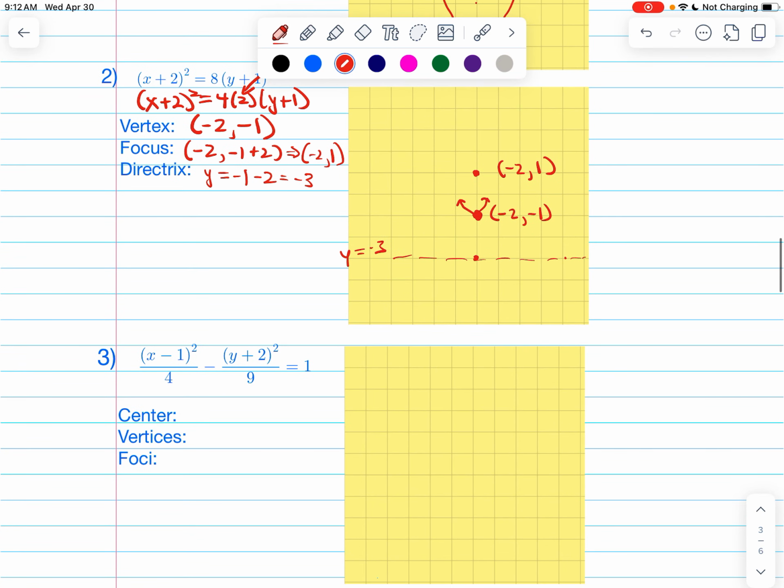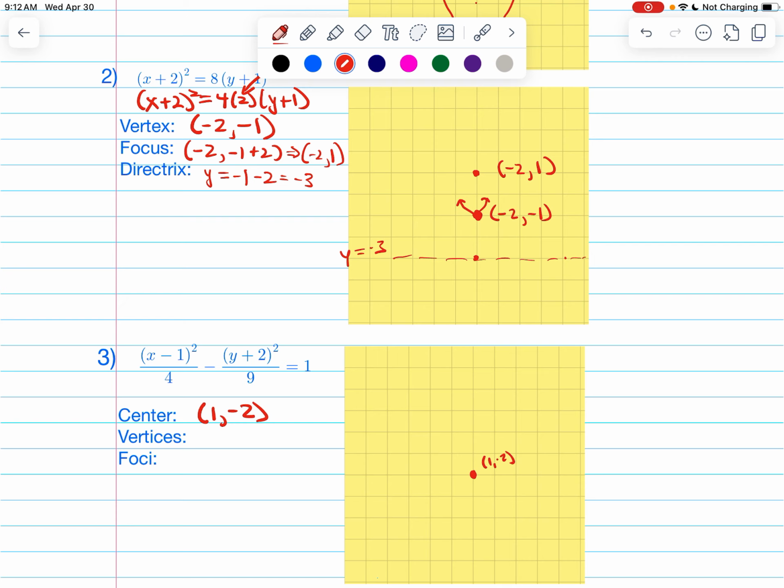Okay, now this one's a hyperbola, and we recognize the center to be 1, -2. So I'm just going to put 1, -2 right there. And now it's the x term that's positive. So that tells me I'm going to open like a nuclear power plant.